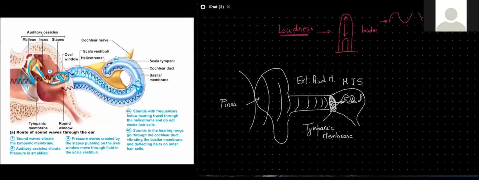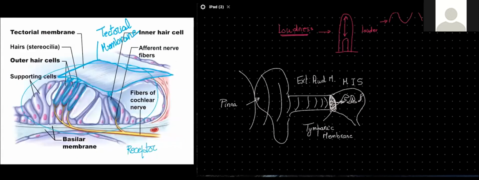So what happens? The sound waves will be traveling through the scala vestibuli, passing through the scala media, and as they pass through the scala media, they will allow the vibration of the tectorial membrane. It will be vibrating this gelatinous membrane that is attaching the cilia of the hair cells.